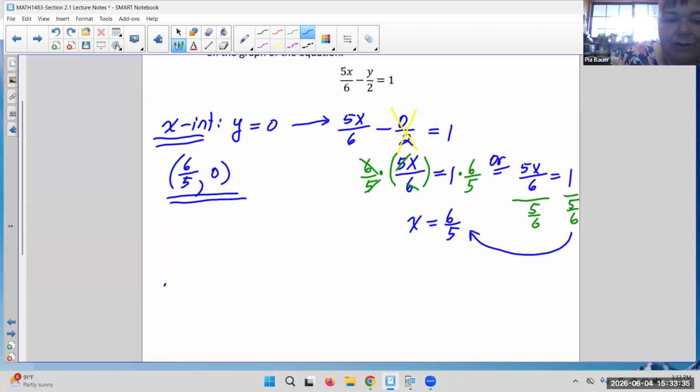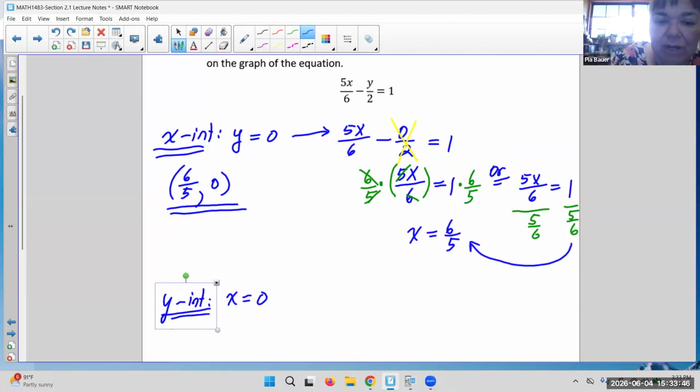Now, for the y-intercept, we substitute x for 0 into the equation. So we have 5 times 0 over 6 minus y over 2 equals 1.